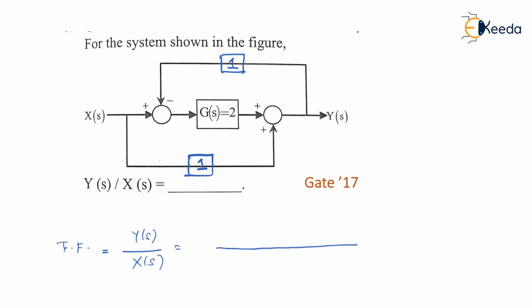Let us start traveling. So this is the first possible path, am I right? If you travel from X(s) to Y(s), you will get only G(s), but the value of G(s) is given as 2. So I'll write 2 over here, plus. Let us see if there is any other possible forward path. By observation, starting from X(s) again, I'm traveling like this.